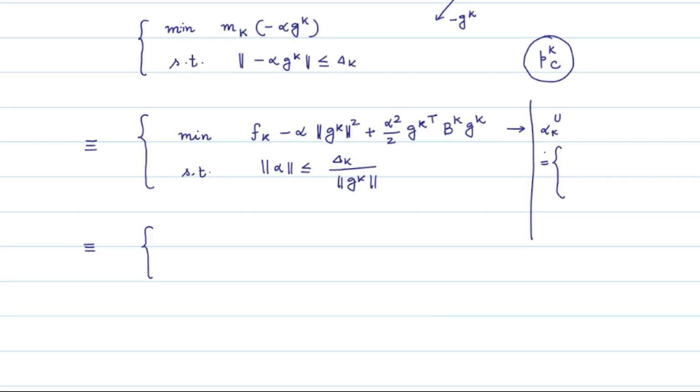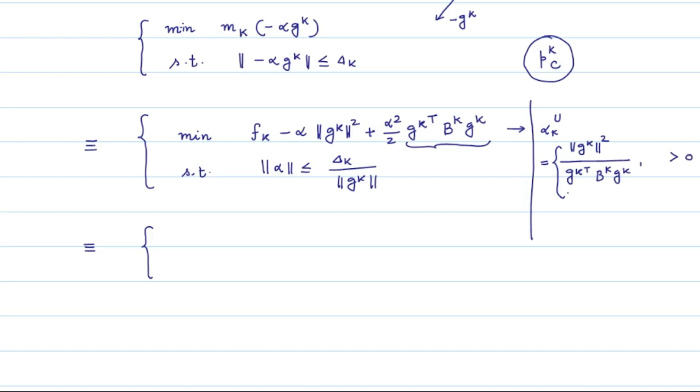If this gk transpose Bk gk is greater than 0, then the second derivative of the objective function is always positive, and we can find a point of local minimum by considering its stationary point, and a stationary point for this objective function is given by norm gk square divided by gk transpose Bk gk, provided the denominator is positive.